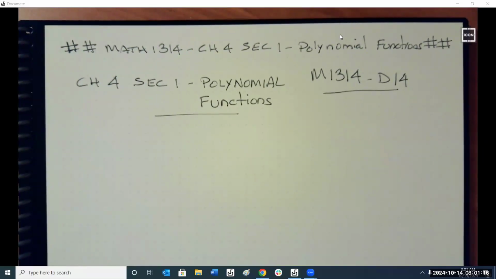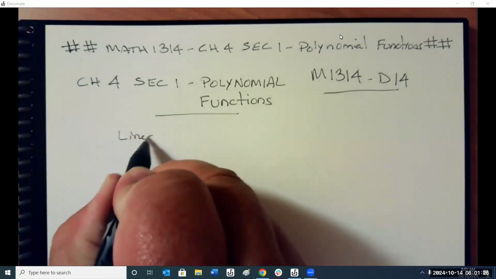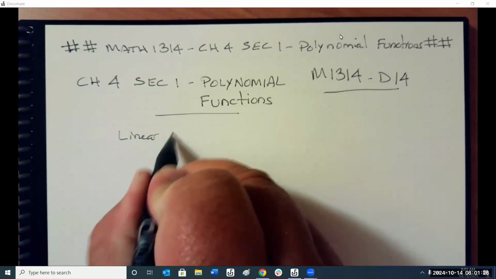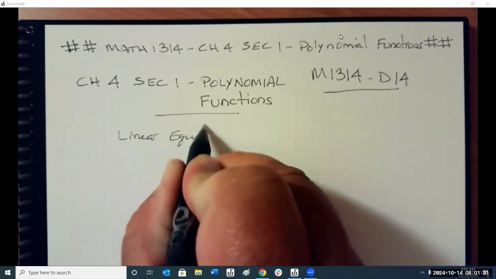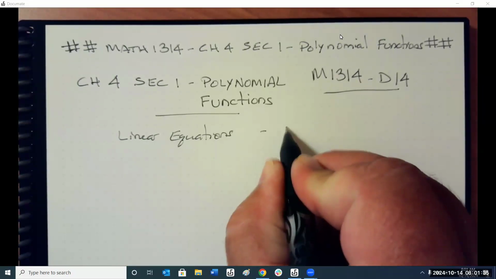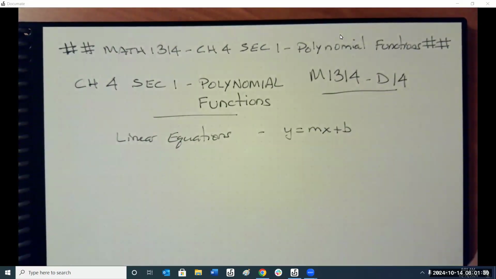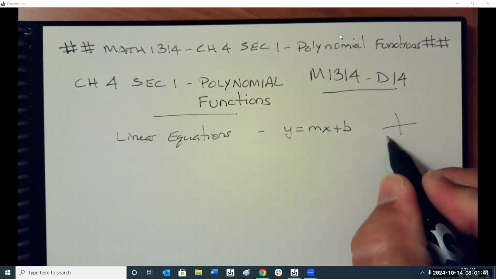All right, now we're going to start a whole new section. Originally, in chapter 1, we dealt with linear equations, straight lines, like y equals mx plus b.